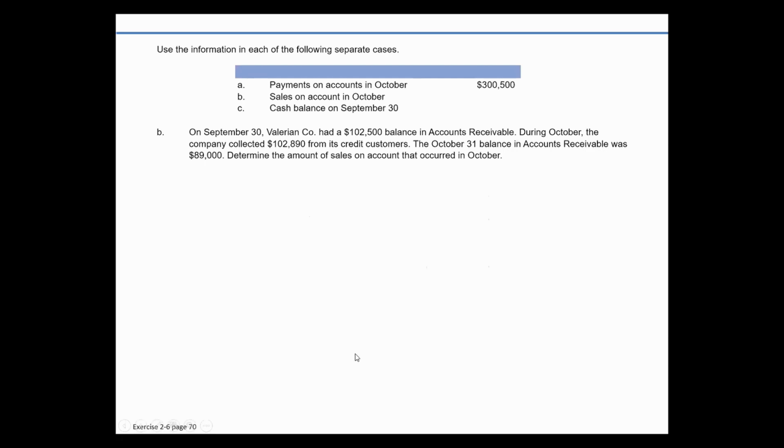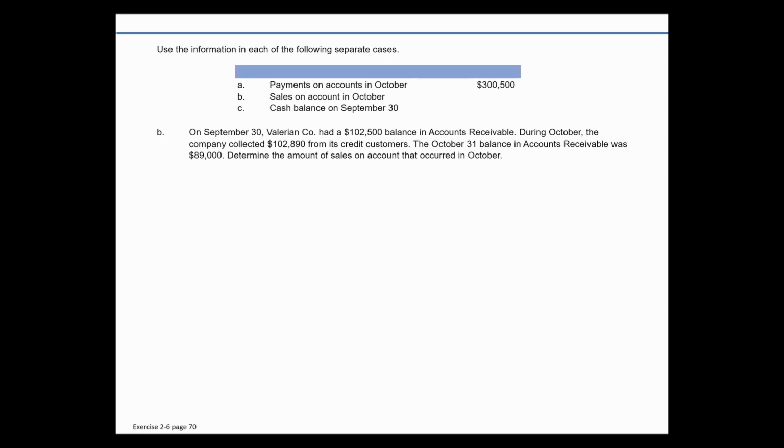Now B, and this is a different company. So on September the 30th, Valerian had a $102,500 balance on accounts receivable. During October, the company collected $102,890 from its credit customers.